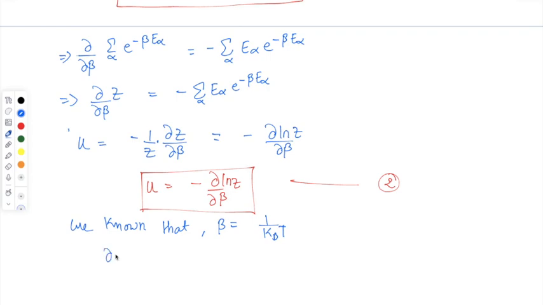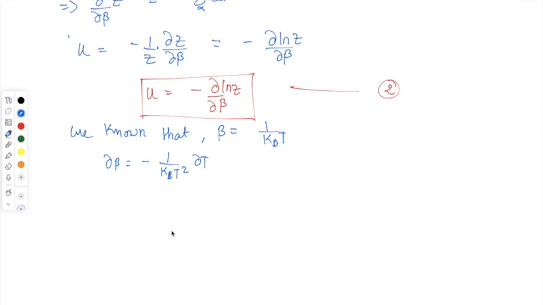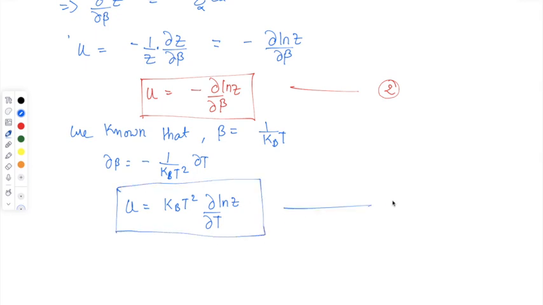Now what is del beta then? Del beta is minus 1 over kB T square times del T, and we can write internal energy as a derivative of temperature: U equals kB T square del ln Z by del T. So this is another formula which will be useful.